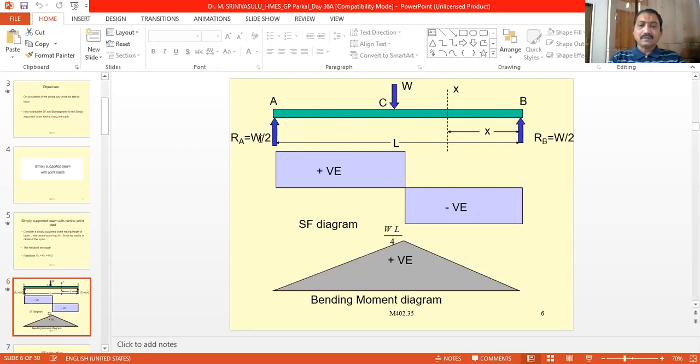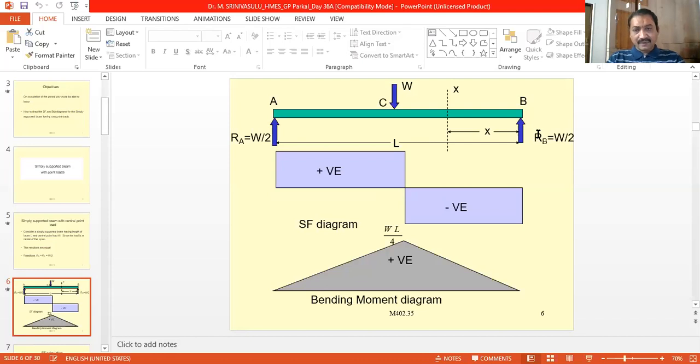To find RA and RB, we have to use the equations of equilibrium. We have three equations of equilibrium. They are sigma Fh equal to 0, that is the algebraic sum of the horizontal forces is equal to 0, and sigma Fv equal to 0, that is the algebraic sum of the vertical forces acting on the body is equal to 0.